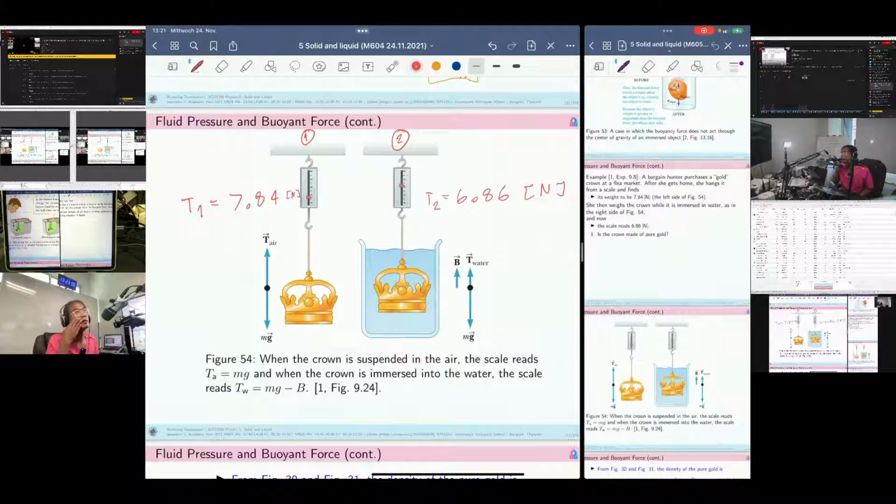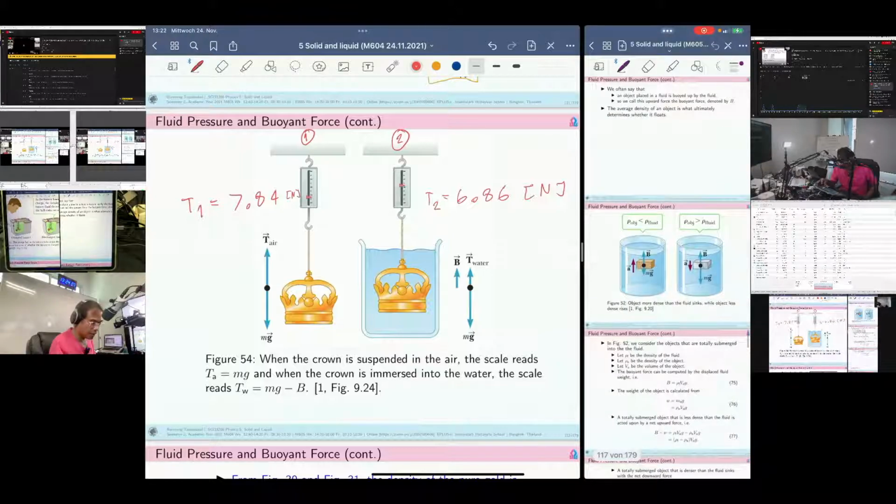You should know first what is the density of the gold, right? So you need to look at the table about the density of the pure gold.